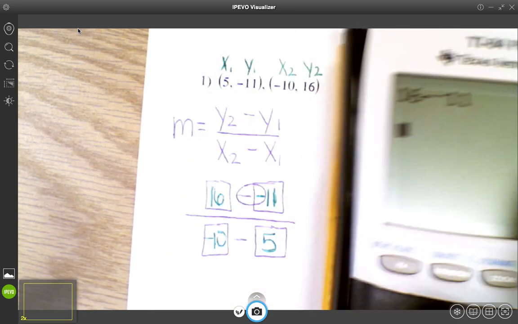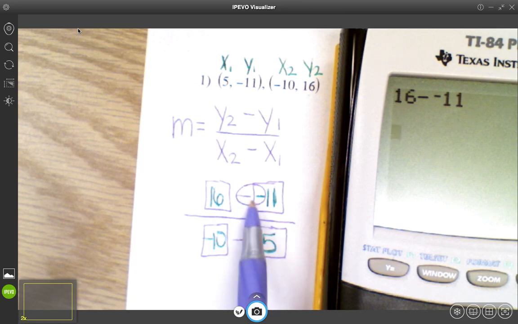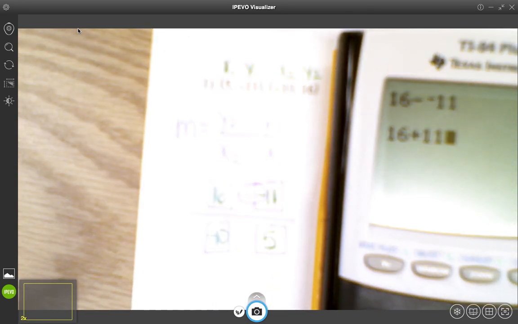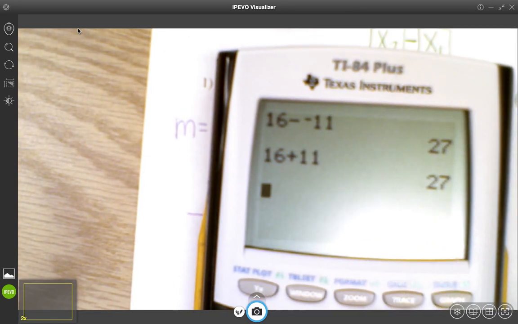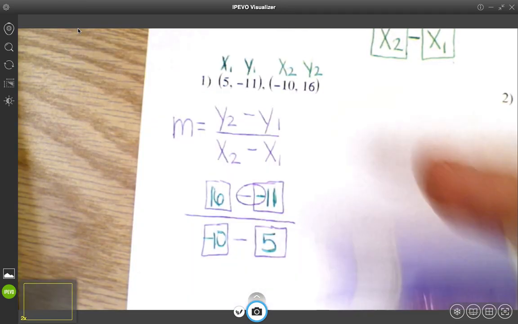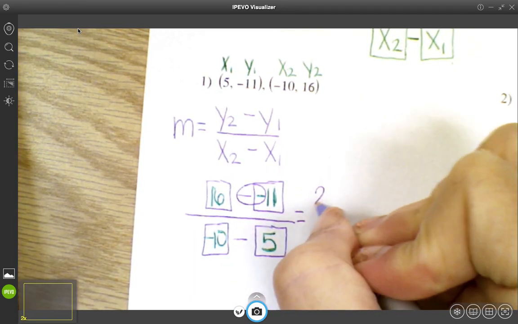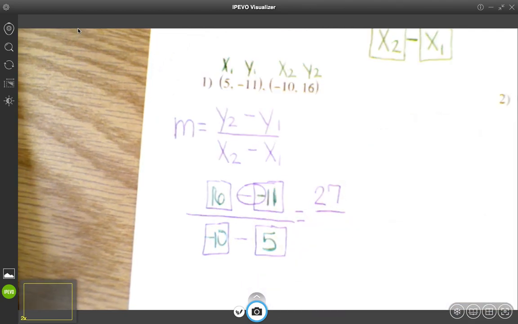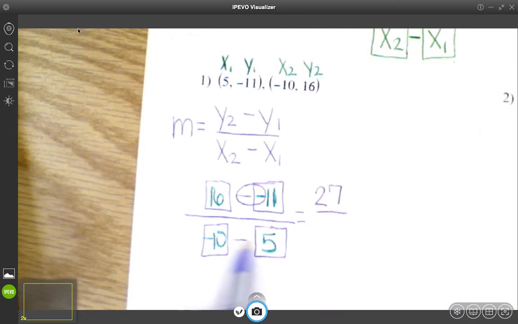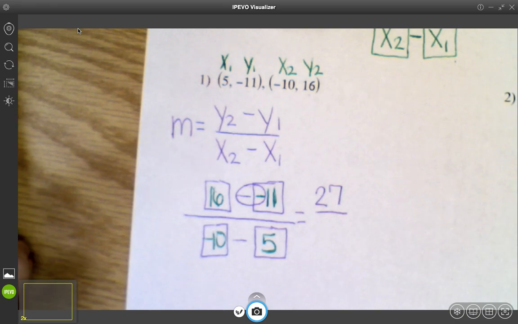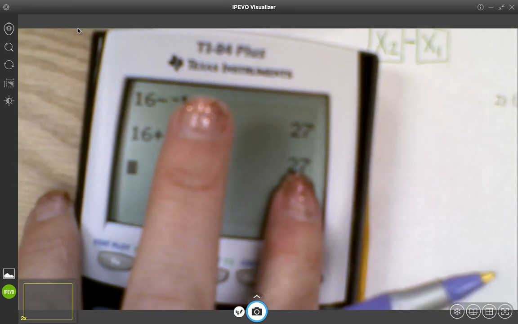Or we can see that two negatives really mean 16 plus 11, which also gives you 27, no matter how you want to type that in. Our top number is 27, and it's a positive. Now on the bottom, they're the same sign, two negatives, so we're going to add them and keep it negative.